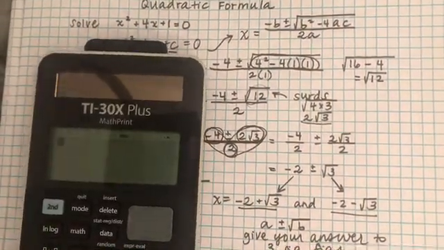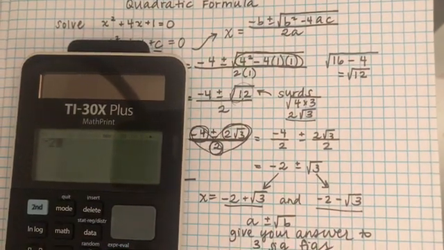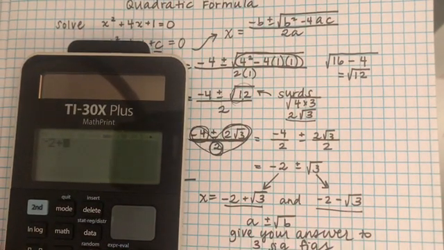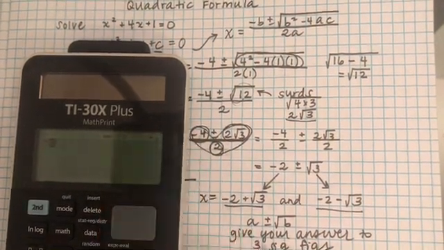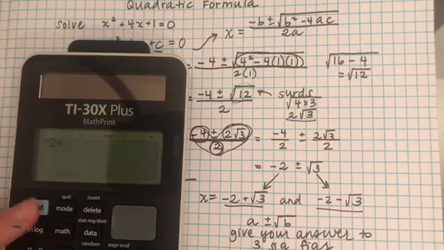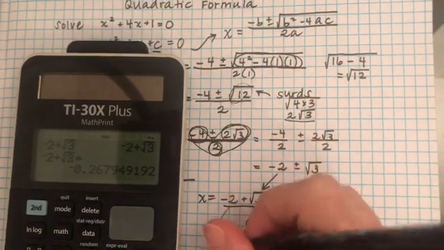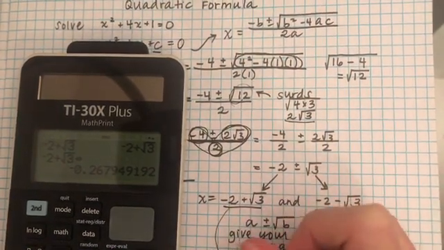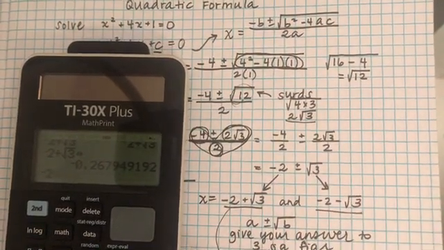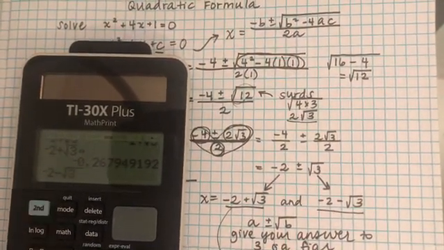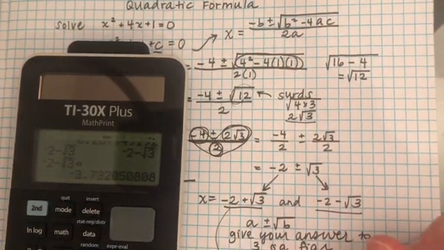You could probably have done that at this stage as well, but since we're simplified here, I'll just say -2 plus square root of 3 is -0.268, and -2 minus square root of 3 is -3.73.